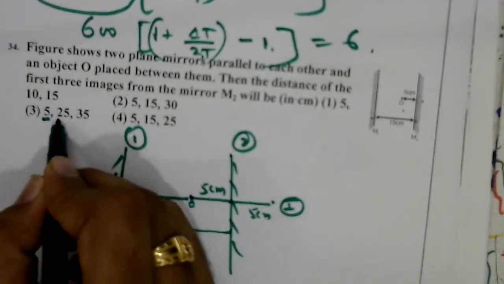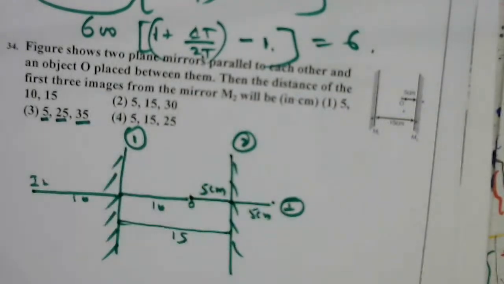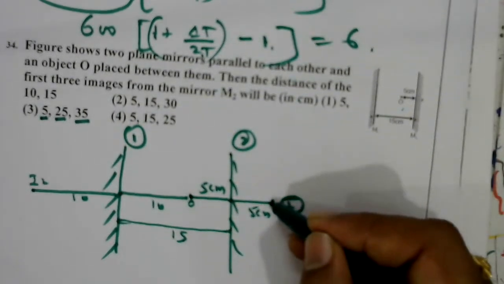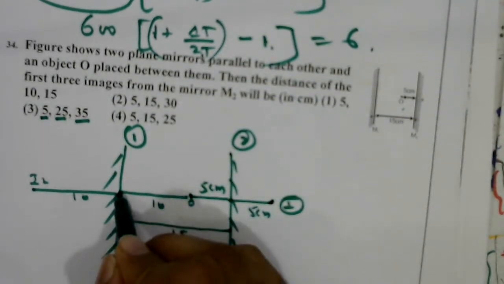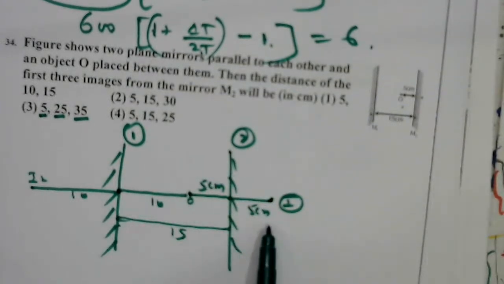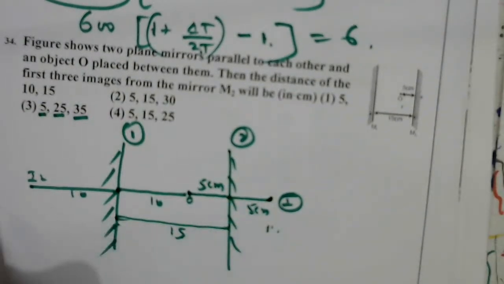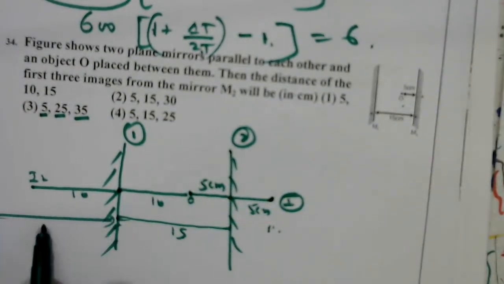First image 5, second image 25, third image 35 you will get. So third image at 35, how? Because this will act as an object for this mirror. The distance from here to here is 20. For this one, how much will come here? 20 will come, no?